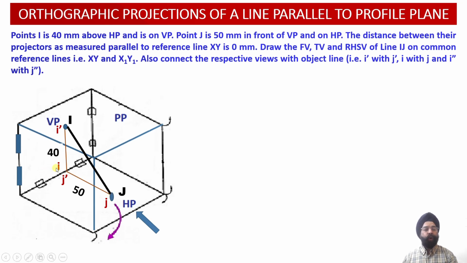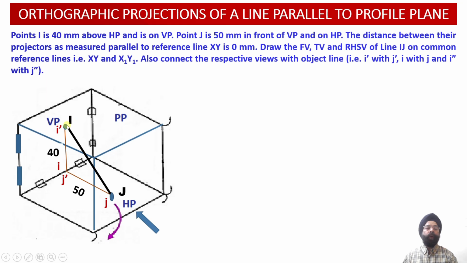So point I is obtained on the XY reference line, point J is obtained 50 mm below the XY reference line. If we join I with J as the top view projections of this line IJ obtained onto the horizontal plane, again because of the inclination of this line IJ with respect to the horizontal plane as well, we are going to obtain the apparent length projection IJ onto the horizontal plane as a plan.